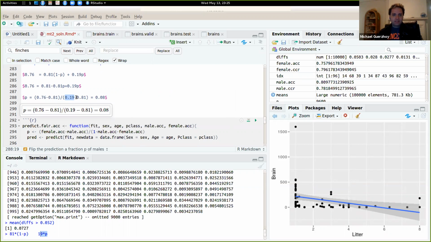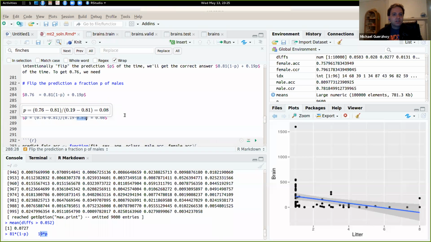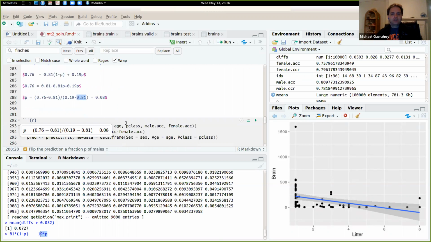And what's 0.19? Yeah, 1 minus the accuracy for male. And this is the accuracy for male. So in fact, this is 1 minus 2 times male accuracy. Okay, so that's going to be like that.